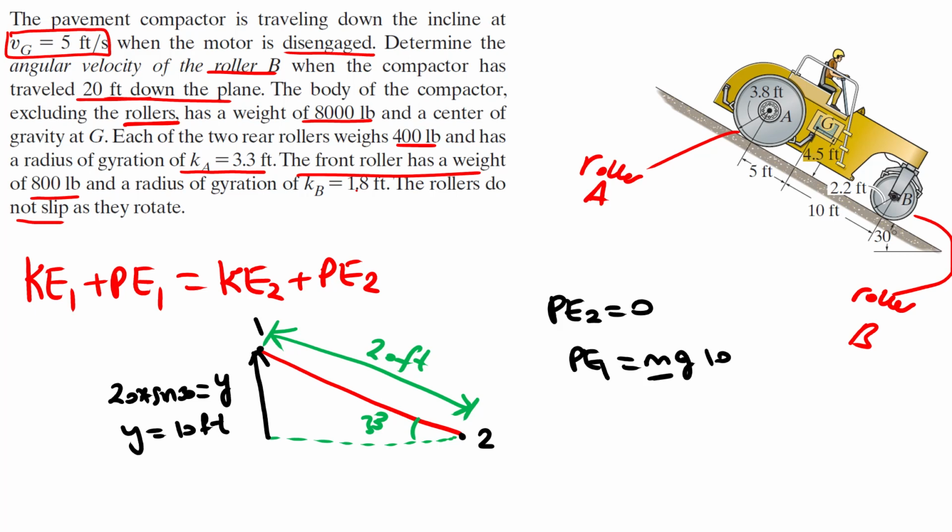Then let's find the m values. That's potential energy at 1. The potential energy at 1 will be mg times y, which is 10.